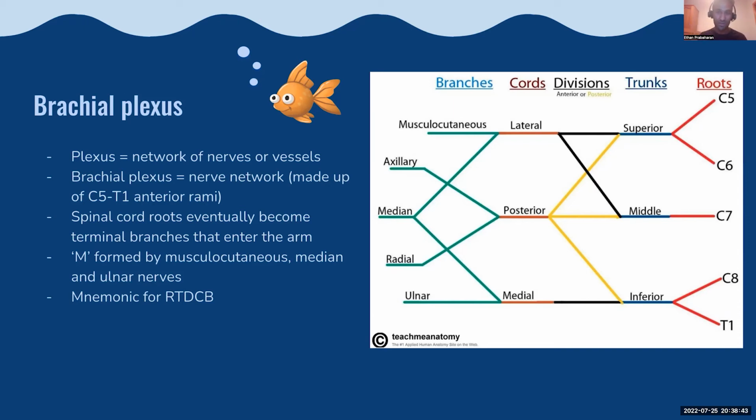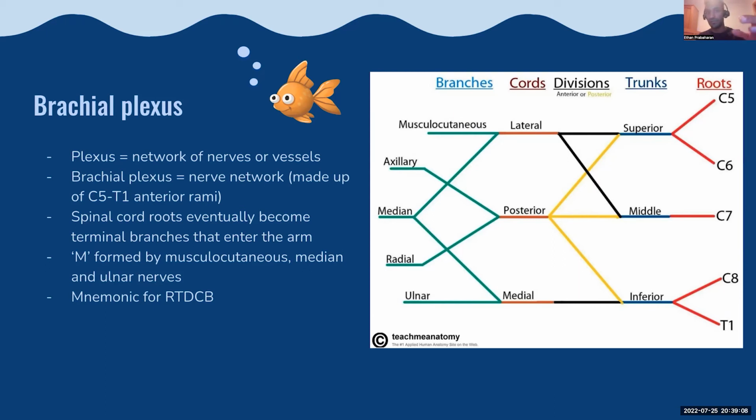Now that's a lot going on. I'd suggest make a mnemonic for roots, trunks, divisions, cords, branches, RTDCB. I think you need to know the order. I don't really think you need to know the actual map of how to draw this out. Exam questions are multiple choice. But you definitely need to know what roots are involved.